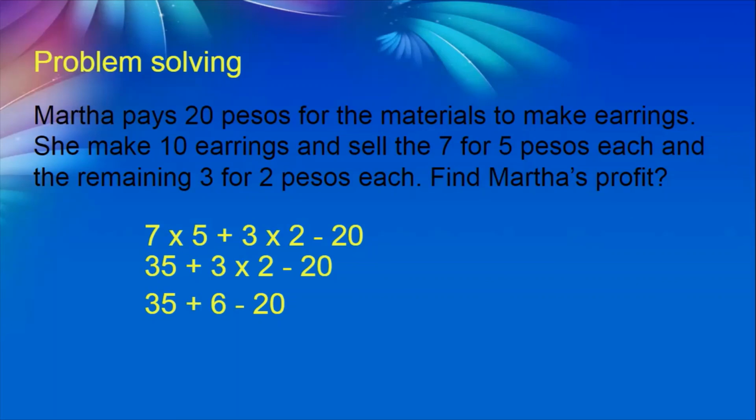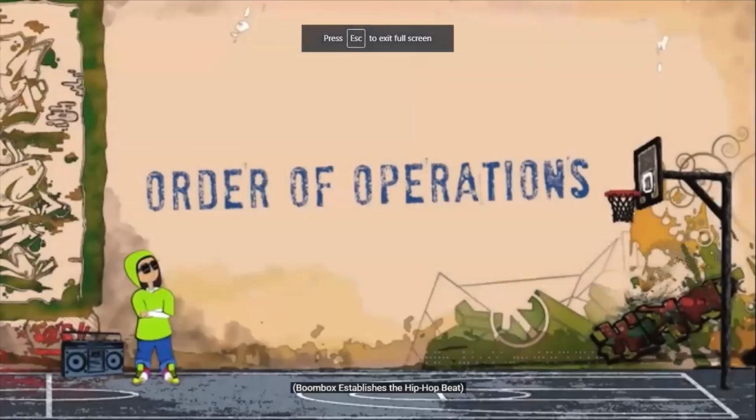So we add 35 plus 6, that is 41, subtract it by 20. 41 subtracted by 20, we got the answer of 21. So it means that out of the 20 pesos which Martha used for making her earrings, she made 21 pesos profit.